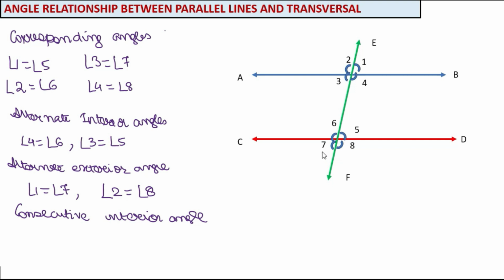The relationship between them is that the sum of the consecutive interior angles is 180 degrees. That is, angle 4 plus angle 5 equals 180 degrees, and angle 3 plus angle 6 also makes 180 degrees. If you remember these angle relationships, then you can easily solve the questions in your exercise.